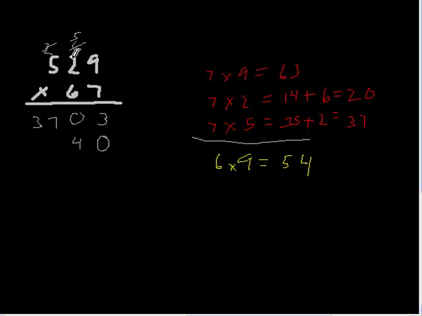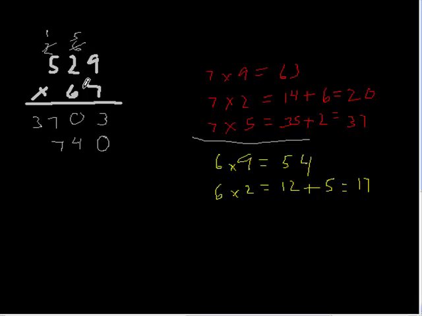Now my next step is to multiply 2 and 6. But I have to add the 5 that I carried over. So 12 plus 5 equals 17. I'm going to carry my 1.